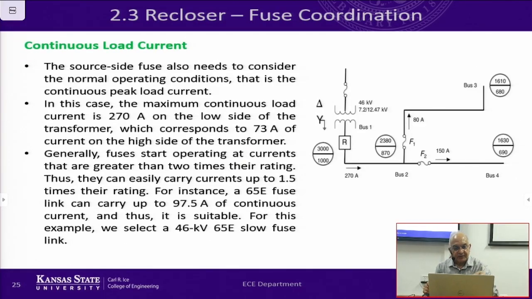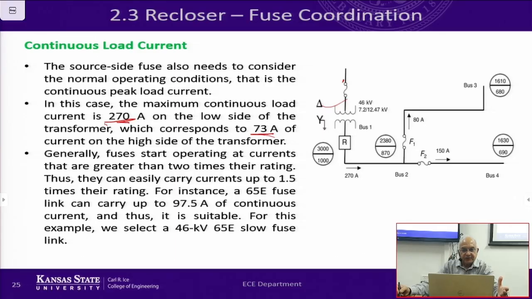Okay. So then we go back and look at the fuse that we need. The 270 amps, which is the load current, is going to become 73 amps on the primary side because of the factor 3.7. And then we use the same 1.5 rule for fuse selection.